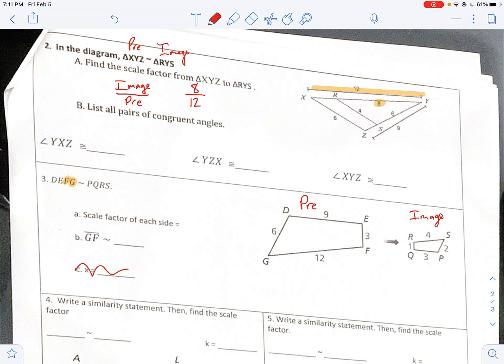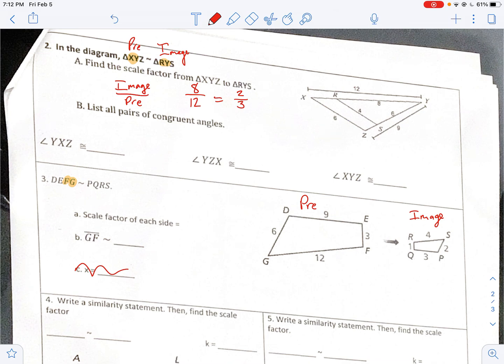And my pre-image is 12. And how do I know those are the corresponding sides? Well, XY corresponds with RY, the first two letters. So 8 over 12, and then if I simplify this, if you divide by 4, you get 2/3. So my scale factor is 2/3.